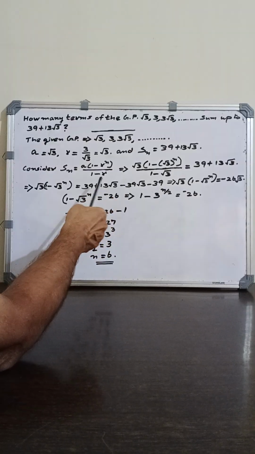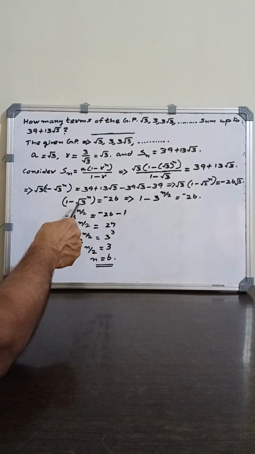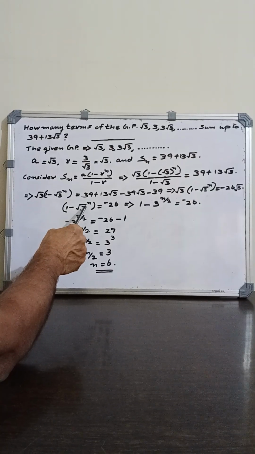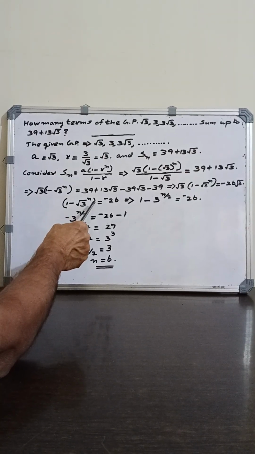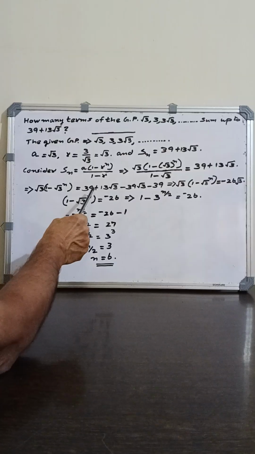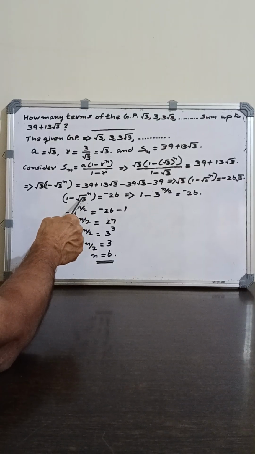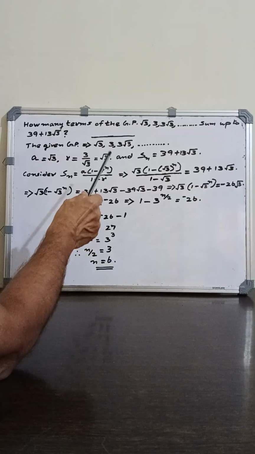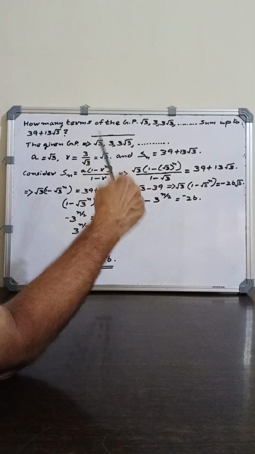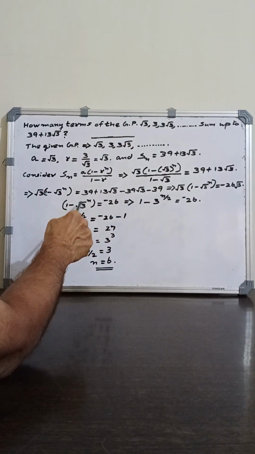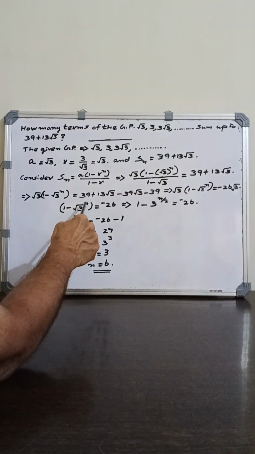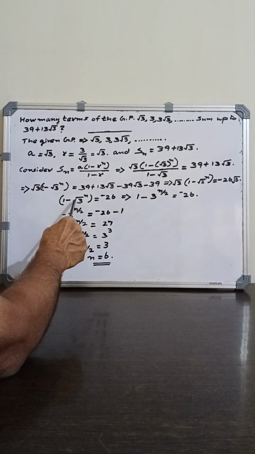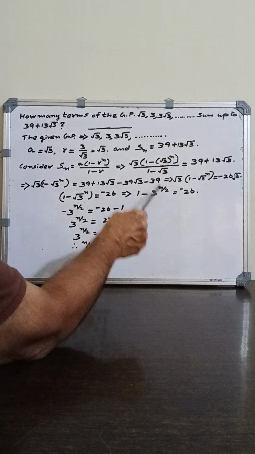Now the root I am converting into exponential form, 1 by 2. Therefore, root 3 raised to n can be considered as 3 raised to n, the whole raised to 1 by 2. That is a raised to m, the whole raised to n, gives a raised to mn. That is 3 raised to n, the whole raised to 1 by 2, gives 3 raised to n by 2. Instead of root, I am putting 1 by 2.